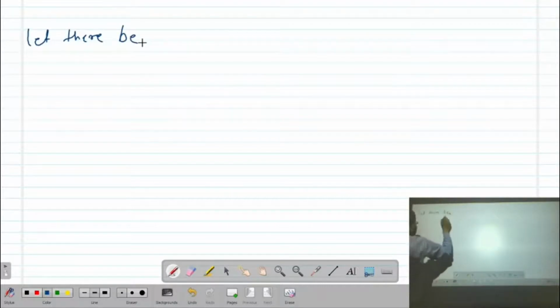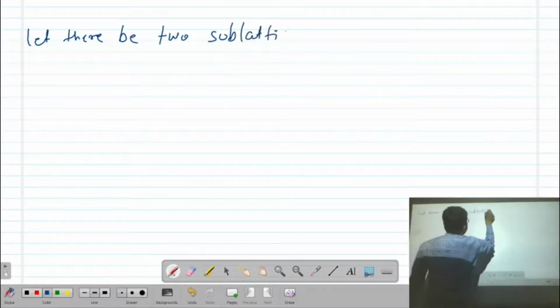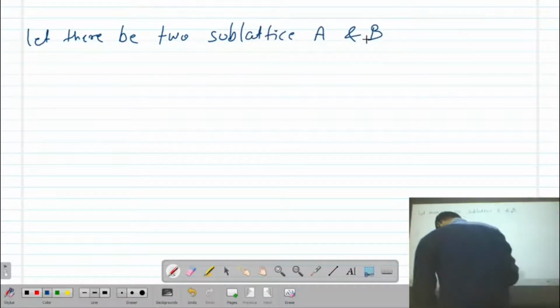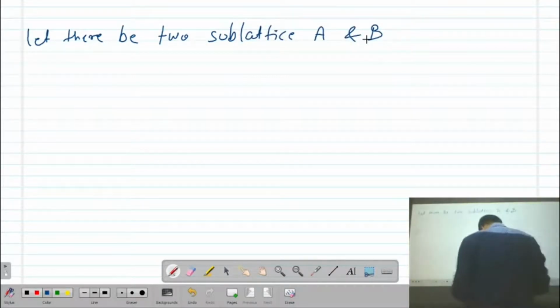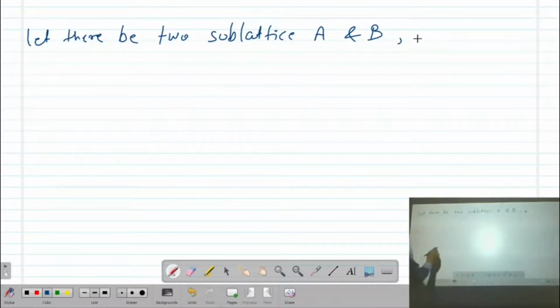Starting our derivation, let there be two sublattices A and B, in an antiferromagnetic, and we have AB interaction.